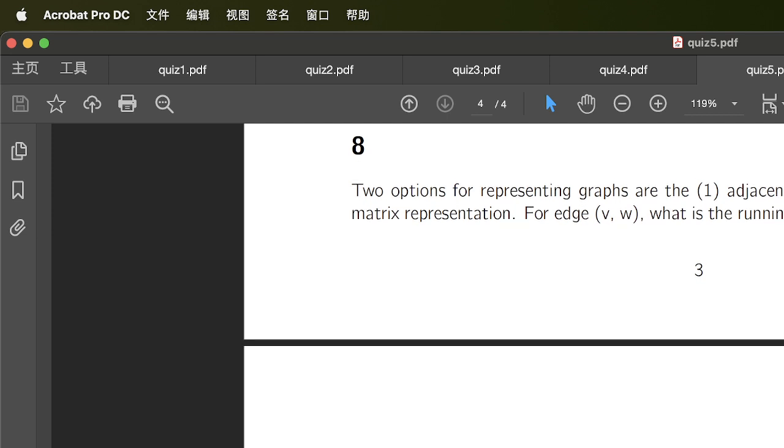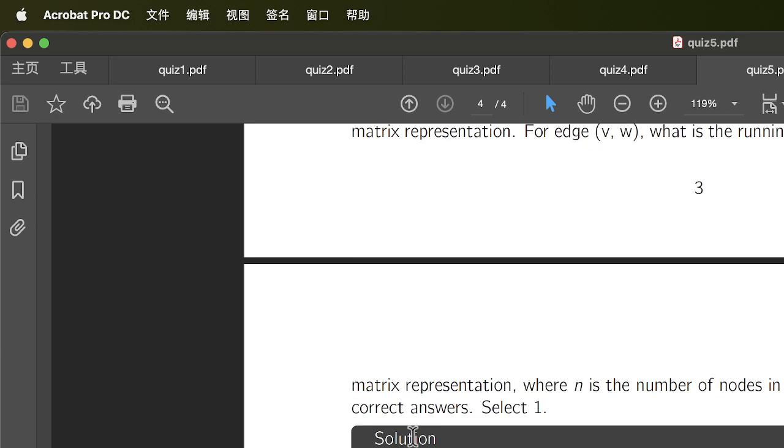The time would be O(1), right? Because now we are using a matrix, just like an array. It supports random access. So we simply check the matrix entry VW to see the value. So 1 or 0 means there exists such an edge or not. So the time is just constant time, O(1).